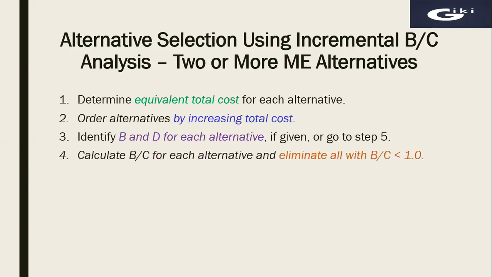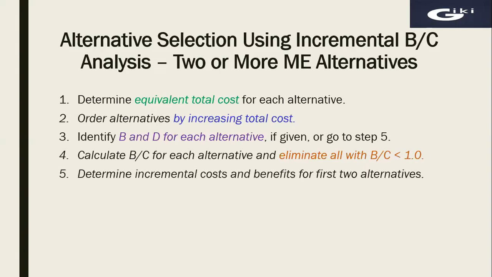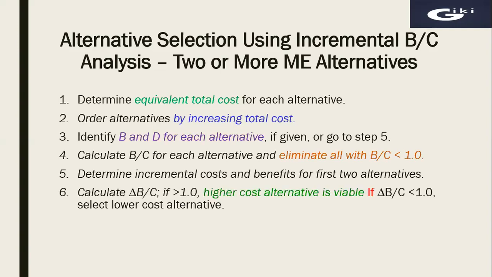In step 4, we need to calculate B over C ratio for each alternative and eliminate all projects or options with B over C ratio less than 1. For these projects, we do not need to make incremental analysis. In step 5, we need to determine incremental cost and benefits for the first two alternatives and calculate the incremental B over C ratio. If greater than 1, the higher cost alternative is acceptable.